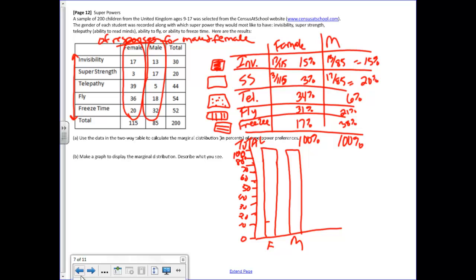Invisibility, 15%. 3%. 34, 31%, and then my 17%.